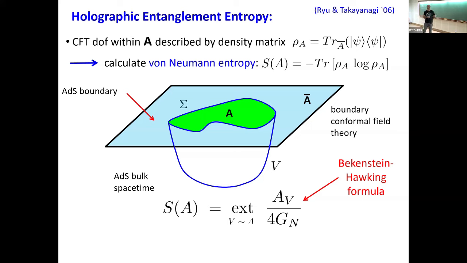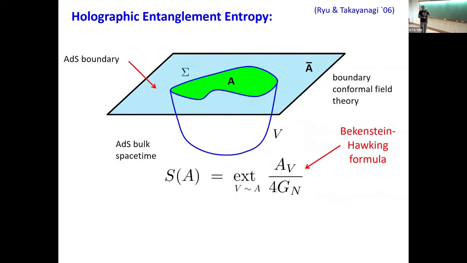We consider all surfaces hanging down in the bulk that are homologous to my region A. On those surfaces, I evaluate the Bekenstein-Hawking entropy and I extremize. The result is then the desired entanglement entropy for this boundary region.